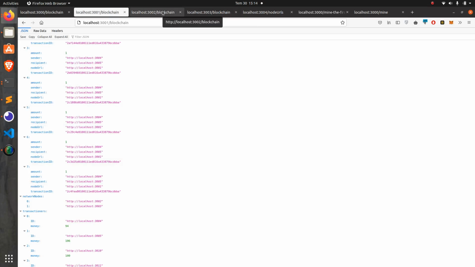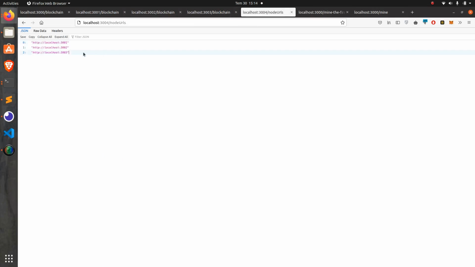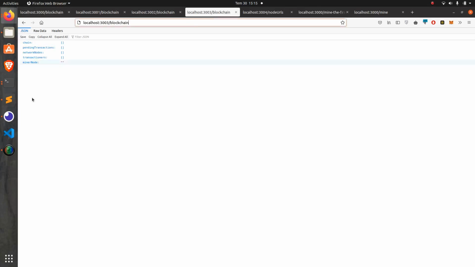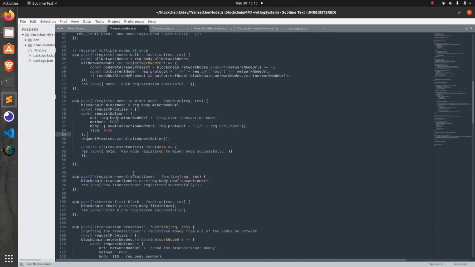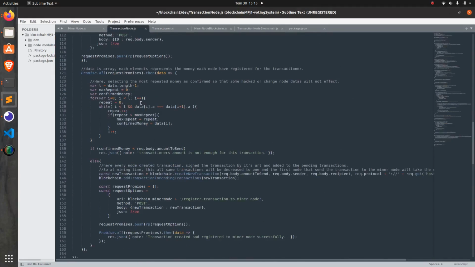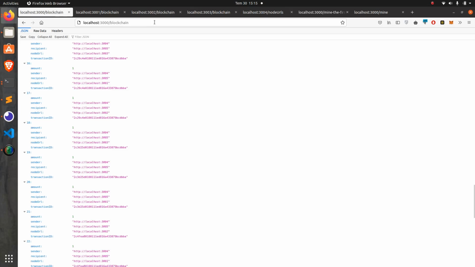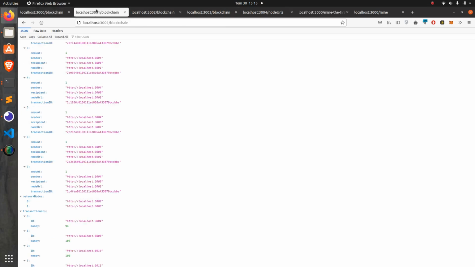Because every transaction node at this subnetwork takes the request, calculates the real money, and checks if the money is enough for the transaction, and then sends it to the blockchain miner node, and every transaction node did that.